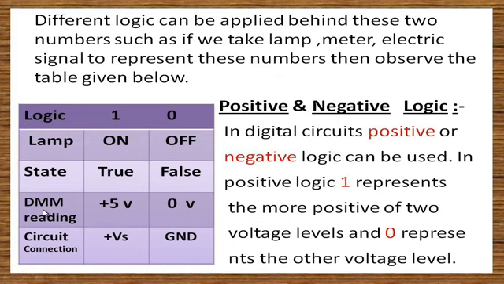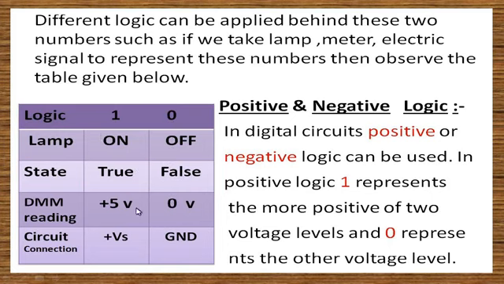But if we check with the help of a digital multimeter, then the digital multimeter shows plus 5 volt for logic 1 and 0 volt for logic 0. Remember, this is the decimal 0, but this is the binary 0. Okay, there is a basic difference.